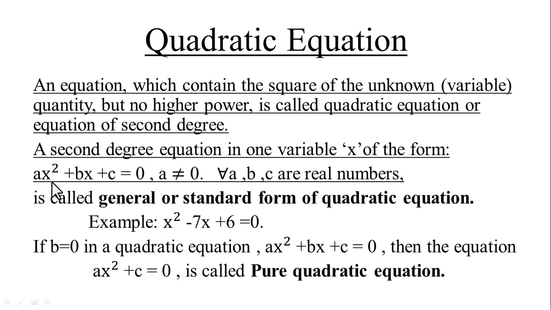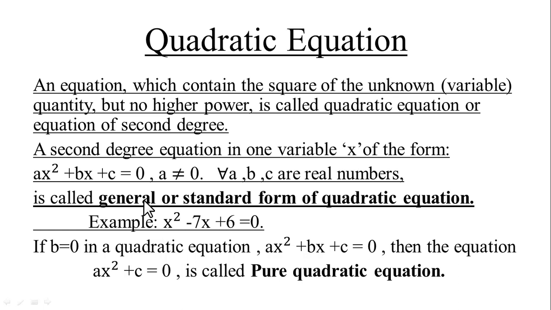If the coefficient of x square is equal to 0, then the equation becomes of power 1 in the variable, which is called a linear equation. So for a second degree equation, the first condition is that a is not equal to 0 and a, b and c are real numbers. Then this form is called the quadratic equation, general quadratic equation or second degree equation.